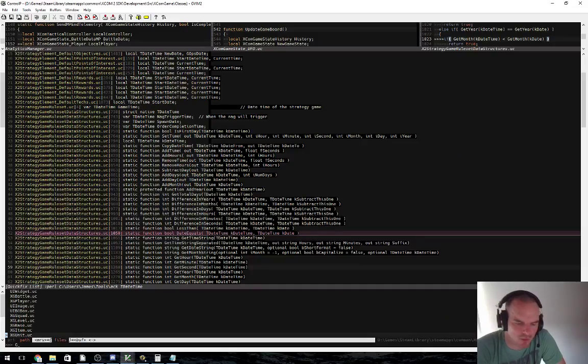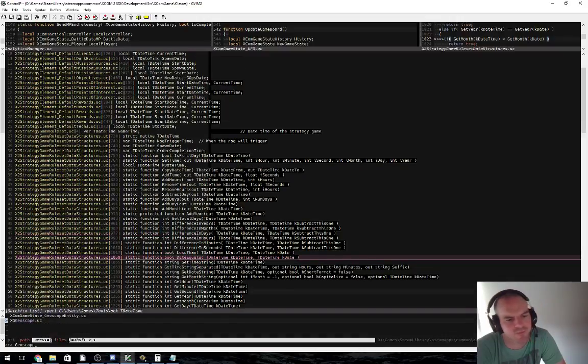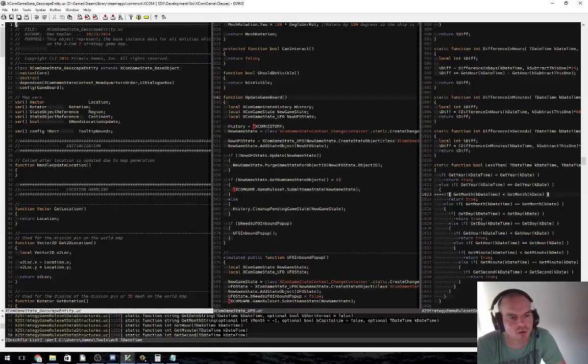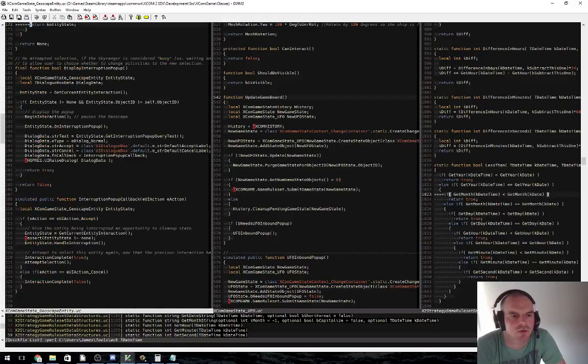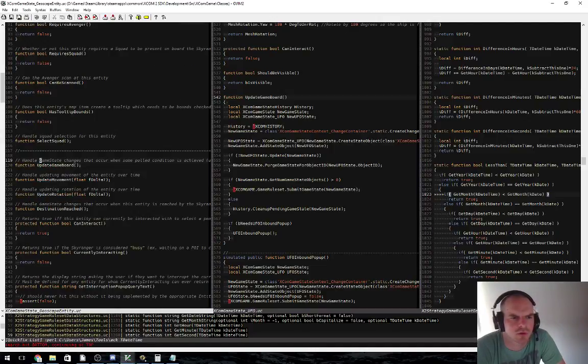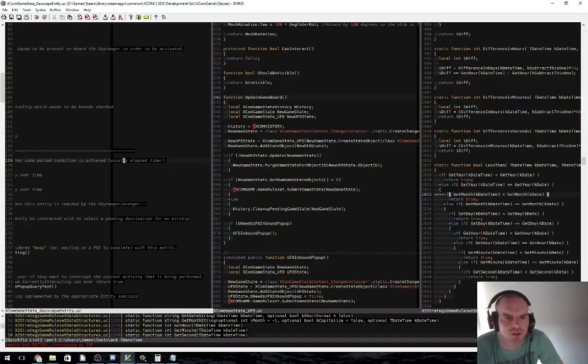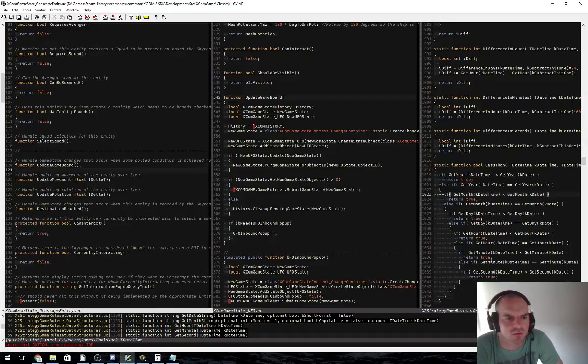Let's look at geoscape energy, I guess. Give me some information. Update game board. Okay, when some condition is achieved, usually elapsed timer handles updating.